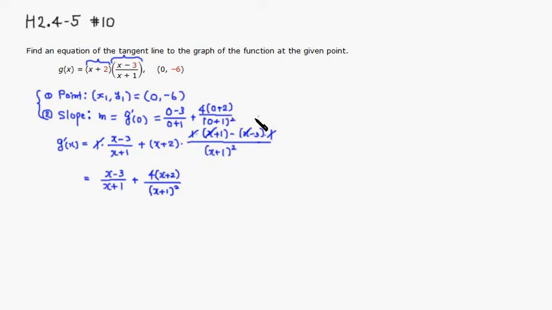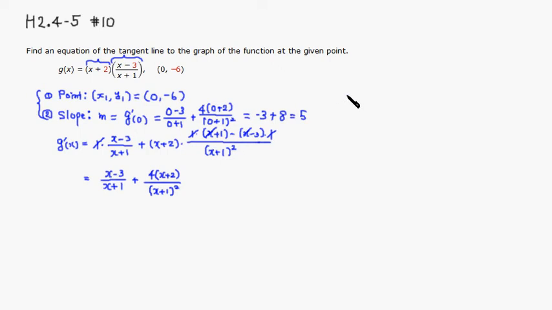If you simplify that, you have negative 3 over 1, so that's negative 3. Here is going to be 4 times 2, 8 over 1 squared, so 8 over 1, so it's going to be plus 8. Which means that the slope is 5.